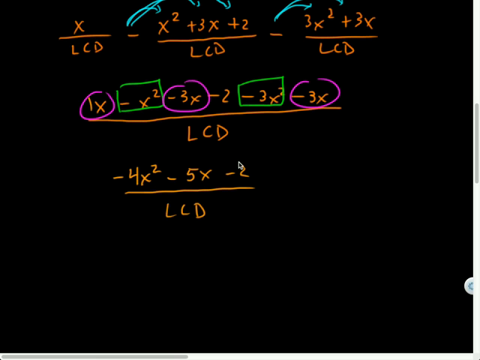And now I need to check to see if this is factorable. I might steal a sign out of it, I think it's easier to work with trinomials when their leading coefficient is positive. And in order to check to see if that's factorable, what would I have to do?